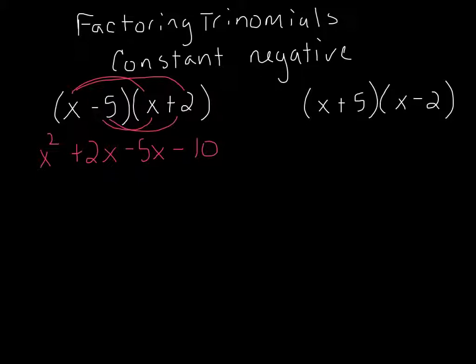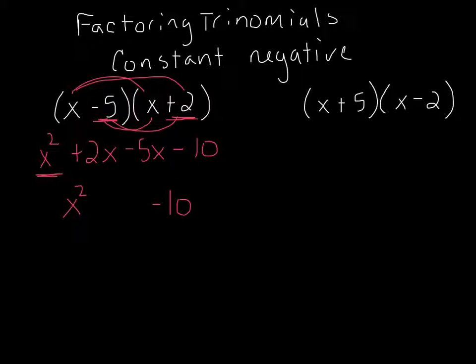Now the thing I want you to notice is that your x squared stays the same just like before, and your negative 10 at the end stays the same also. If you multiply the two last terms together, you get a negative when the terms have opposite signs. One's a negative, one's a positive.